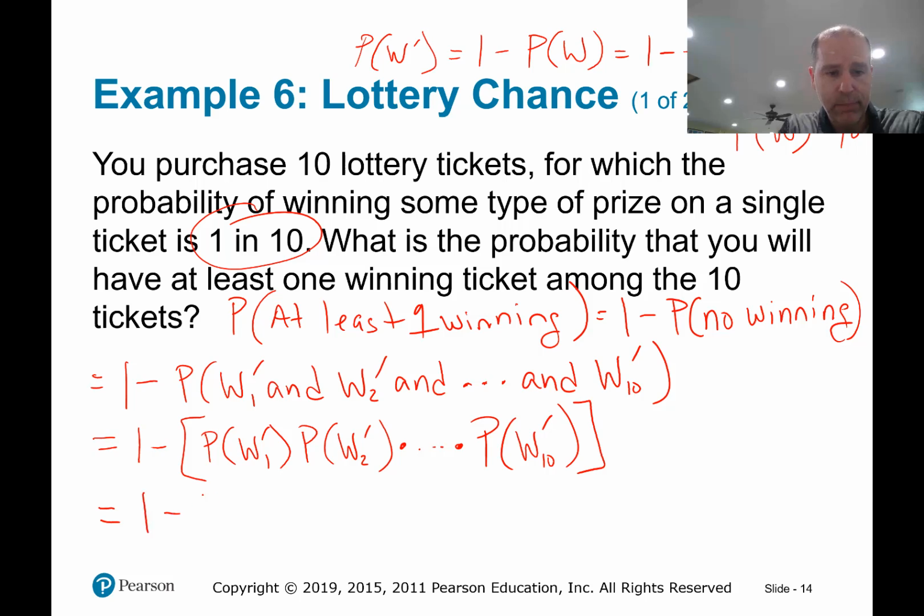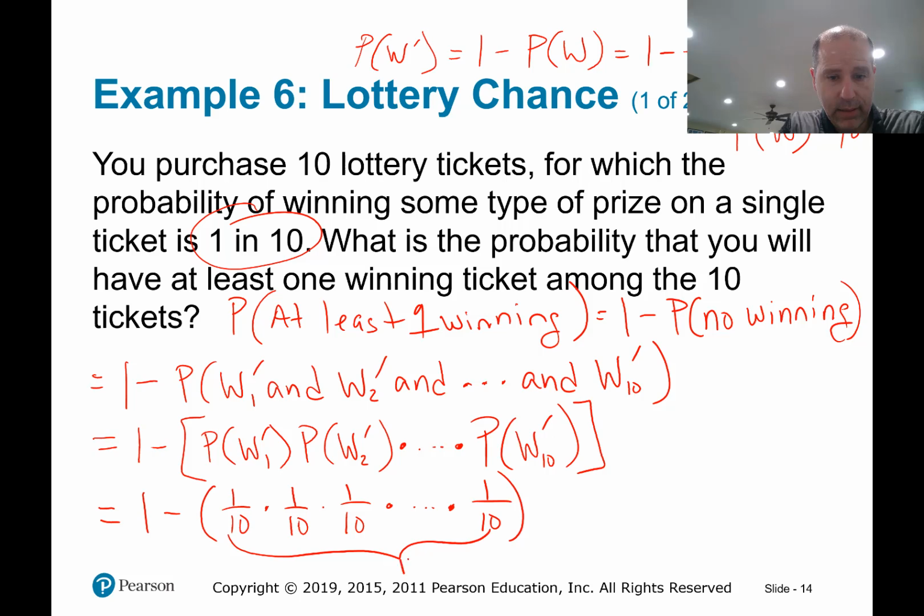And so it's going to be 1 minus 1/10 times 1/10 times 1/10 times all the way to 1/10, and we're going to do that 10 times, which means that it's going to be 1 minus, oh, not 1/10, I'm sorry, 9/10, because we're saying not winning. I'm sorry, that was my bad.